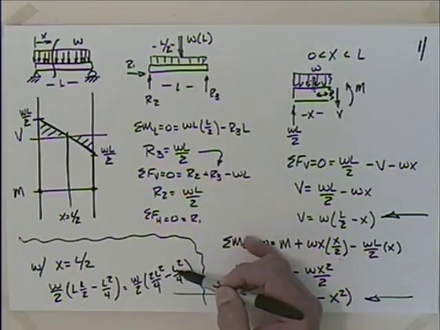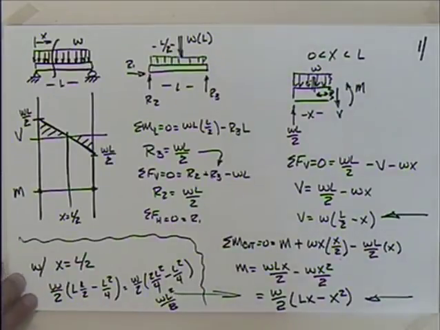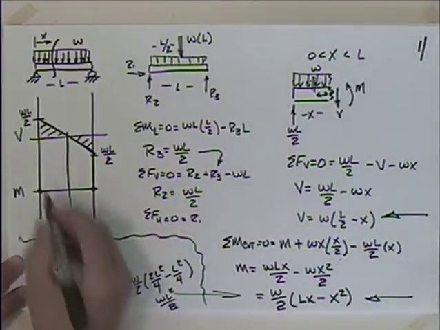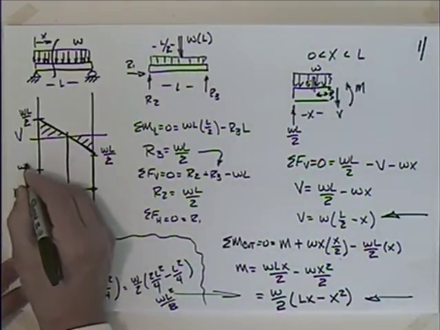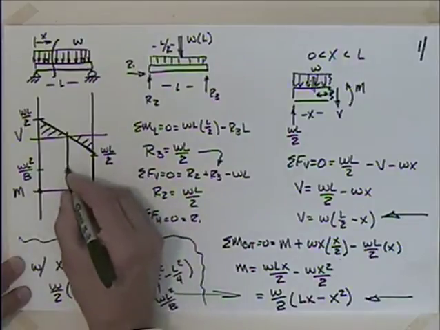Let's see, 2 of those less 1 gives me 1. So I'm going to end up with WL squared over 4 multiplied by 2 is 8, right? WL squared over 8. So I have a point here, WL squared divided by 8.